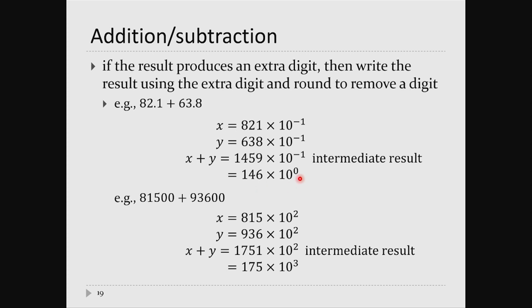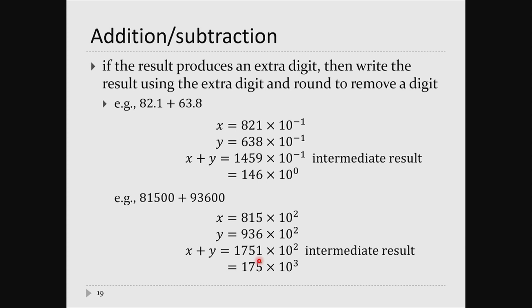So notice the exponent goes up by 1. And if you think about it for a second, the exponent will never go up by more than 1. You'll never get 2 extra digits if you add 2 numbers. You're always creating at most 1 extra digit. The exponent always goes up by 1 at most. Another example here, it's the exact same thing. The intermediate result is 1751.